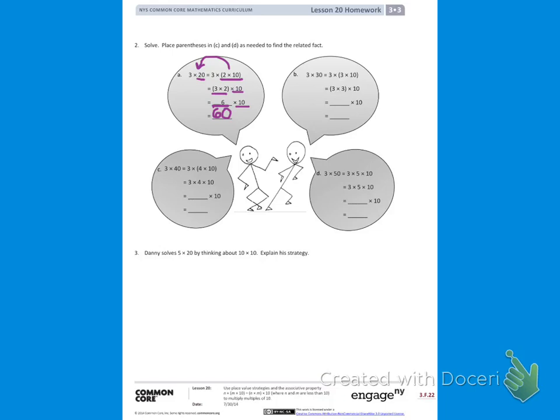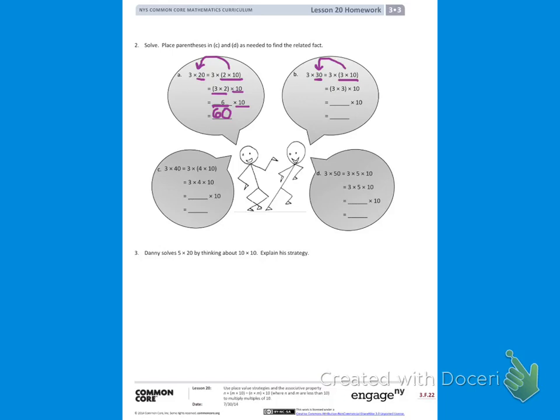Now let's look at item B. 3 times 30 equals or is the same as 3 times 3 times 10. Again, they've turned the number 30 into a tens fact and written it right here because 3 times 10 is the same as 30.